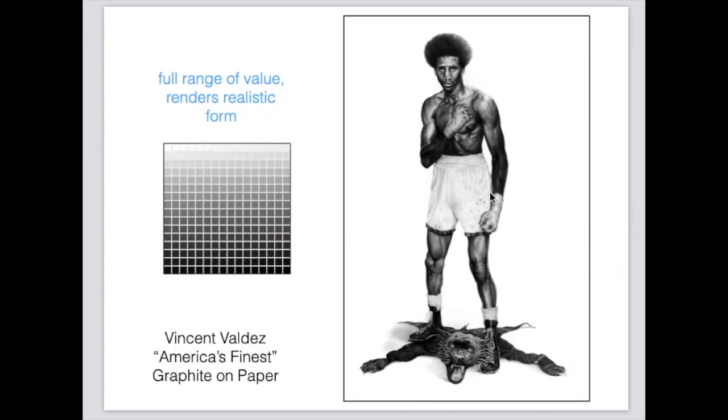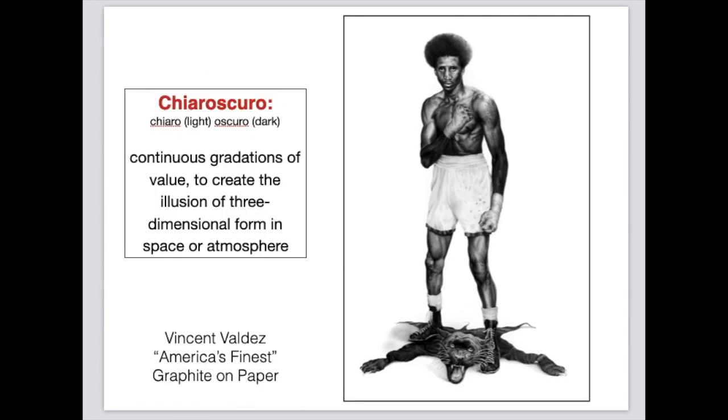This is more natural. So a lot of blending going on from lights to dark, creating realistic form. Okay, and this is our first term here, chiaroscuro, meaning light and dark. Continuous gradations of value to create the illusion of three-dimensional form in space or atmosphere.